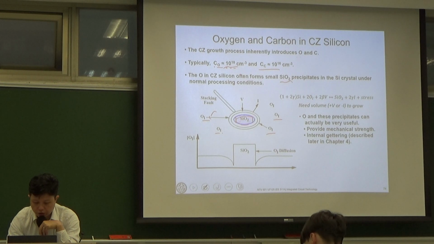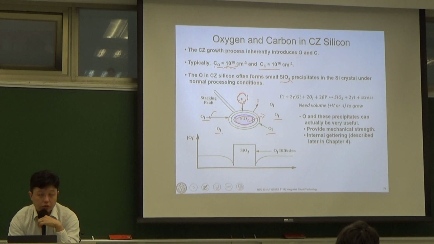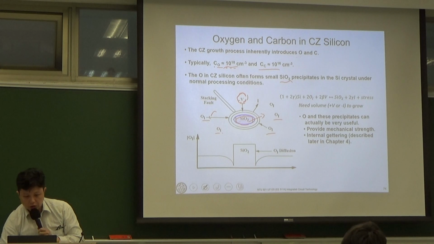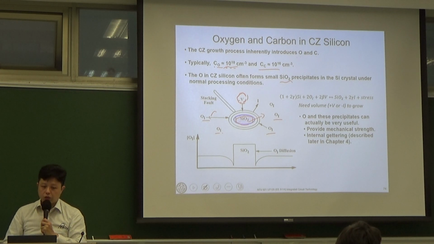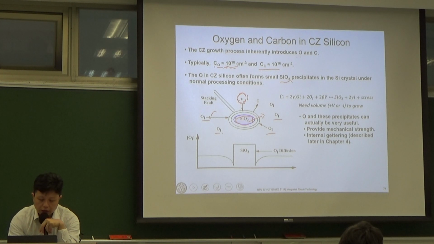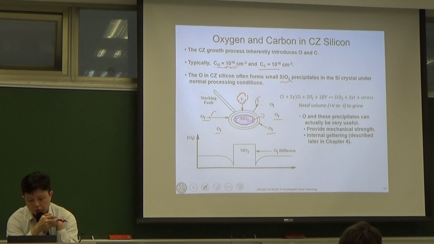This SiO2 will begin to grow larger and larger. And once they begin to grow, they will need this V to be participated in this process, because you need space. So you need V defects to get into this process.